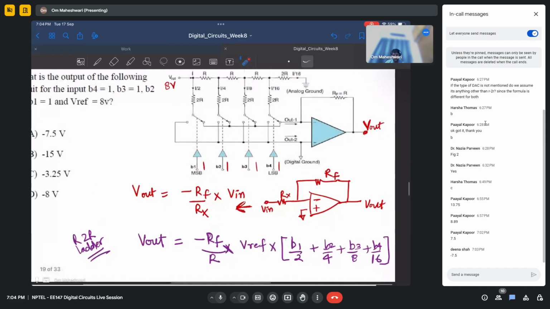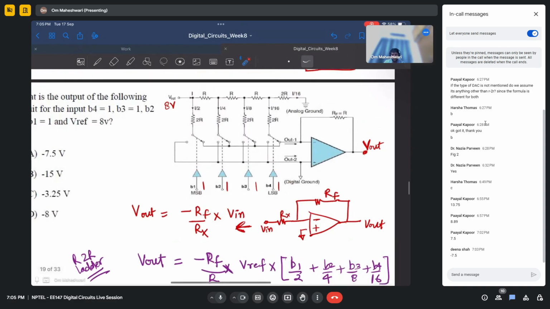So here Rf is R, and this whole circuit will also come out to be effectively R itself.